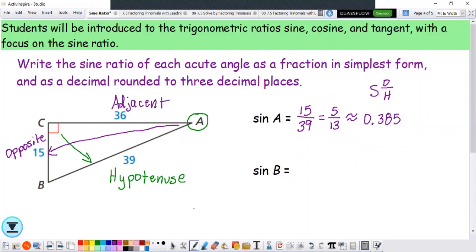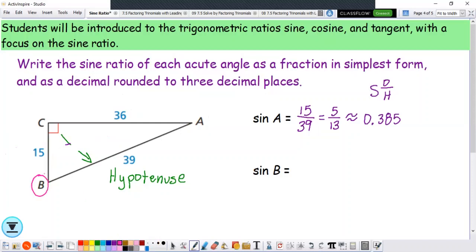Now let's take a look at sine of angle B. Now, I know I'm going to need the hypotenuse again, so I'm not going to erase those markings. But let's focus on angle B this time rather than angle A. So for angle B, that's going to change some things.